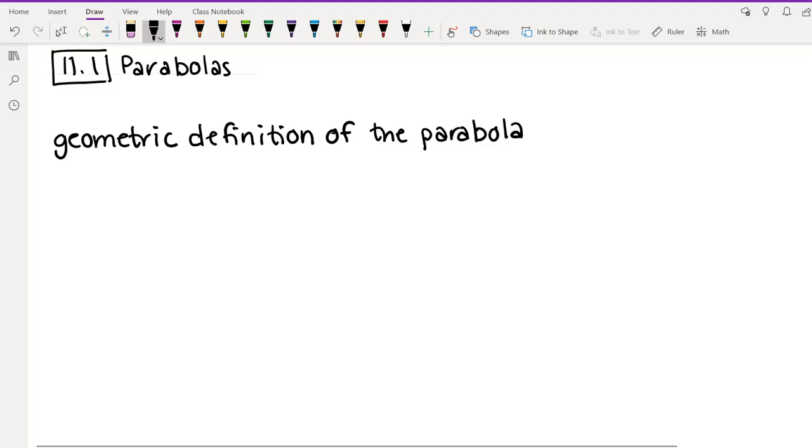And then we saw that for the hyperbola, it was basically the same definition, except instead of adding those distances up, you're actually subtracting them. And so we'll see that the parabola has a very similar definition.